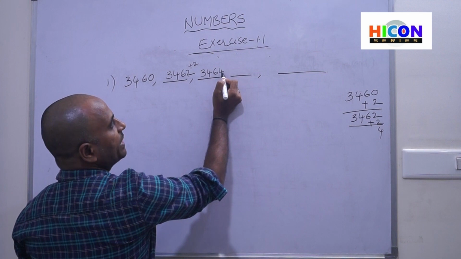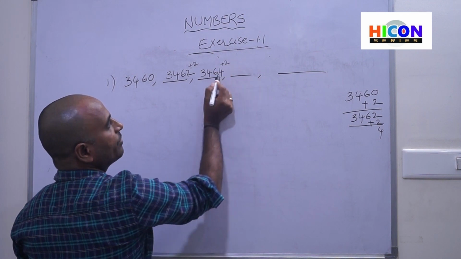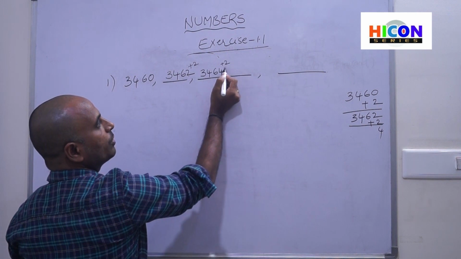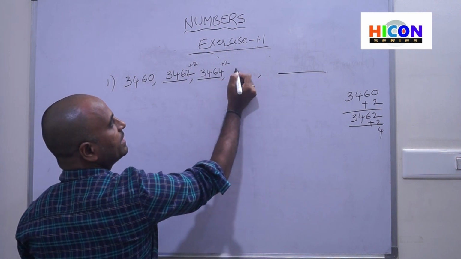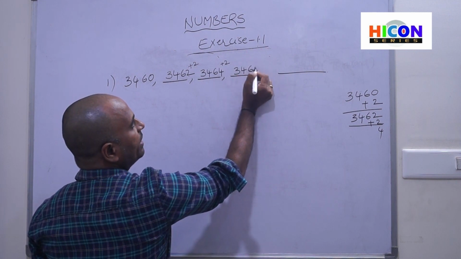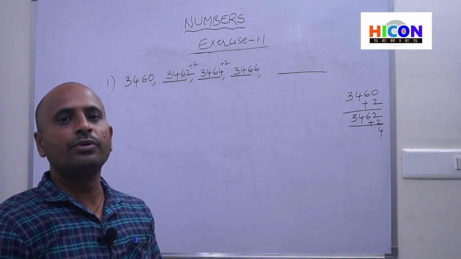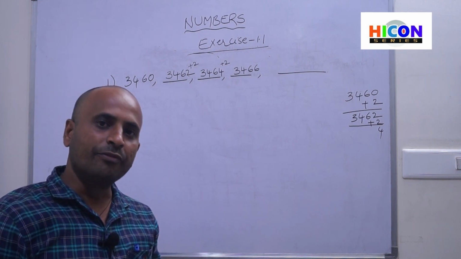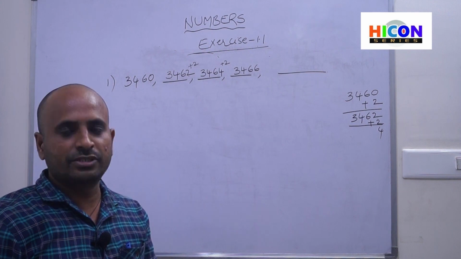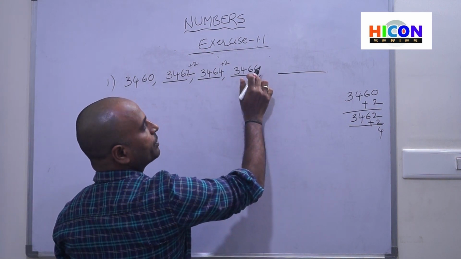Now again add 2 for the ones place. Here 4 is present in ones place. If you add 2 for the ones place, that means 4 plus 2 becomes 6. So you will get 3466. So that means you have to add 2 for every number to get the next number. Again add 2 for the ones place.